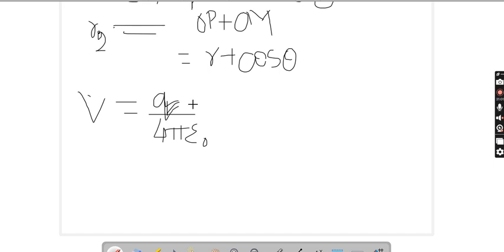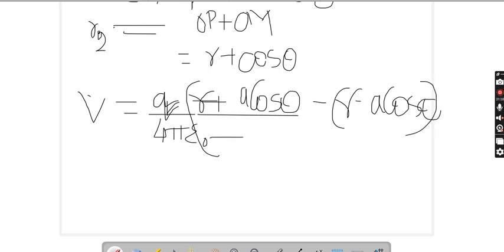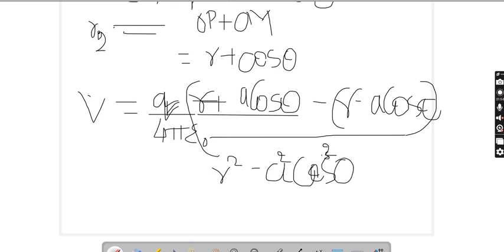So this is Q, not A. And if you substitute in this equation, that is R plus A cos theta minus R minus A cos theta, whole divided by R square minus A square cos square theta.